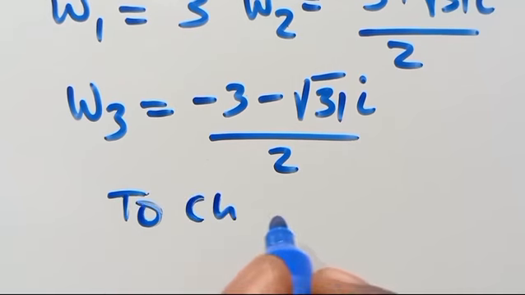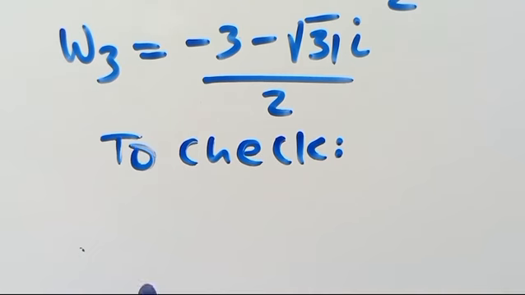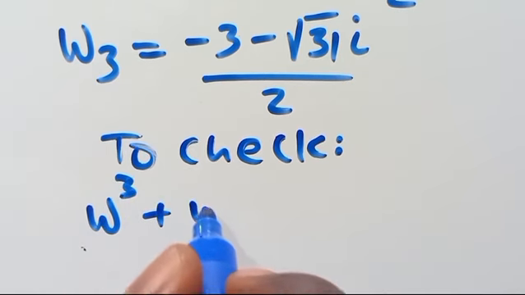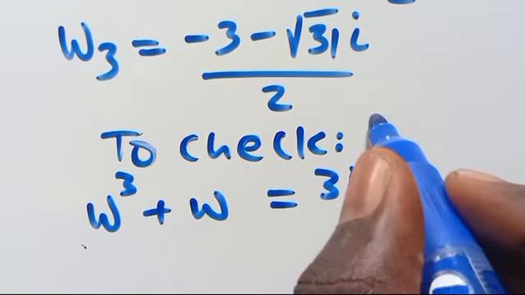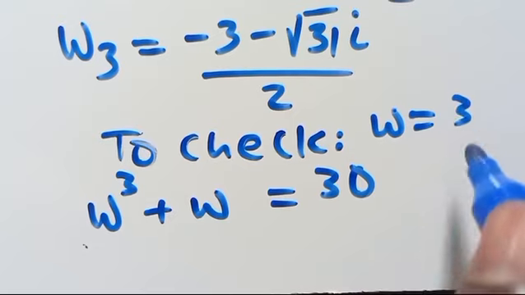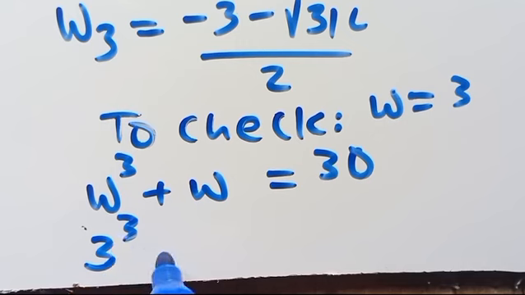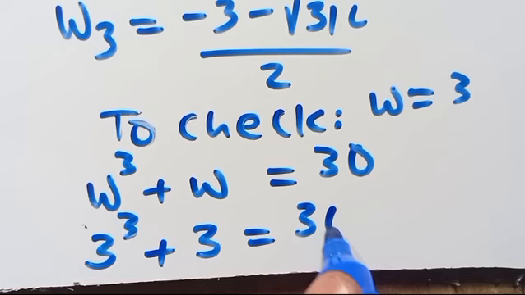It is very clear that we have W to the power of 3 plus W equals 30. Then when W equals 3, here will be 3 to the power of 3 plus 3, which equals 30.